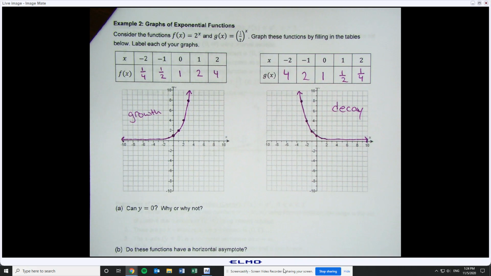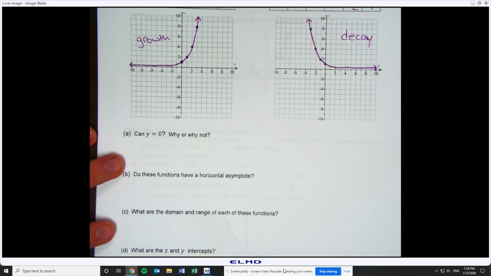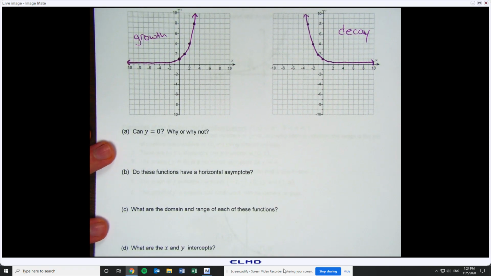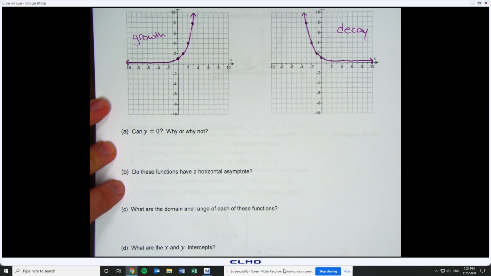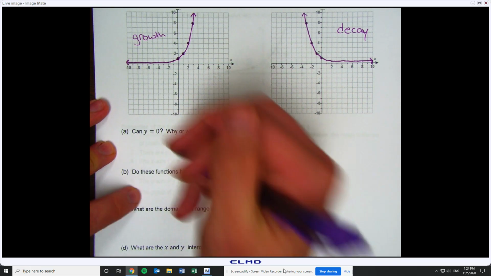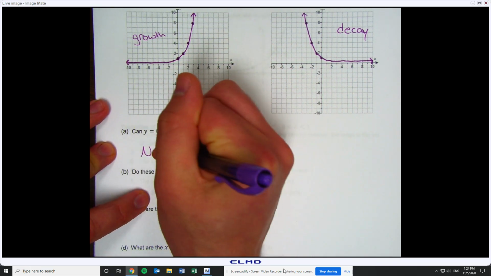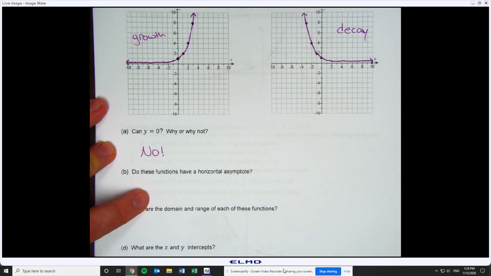All right, so now we know what these graphs look like. We're constantly multiplying by a number, and it's either going to go up or it will go down. Now, answering some properties based on this, can y ever equal 0? Based on what I said a few minutes ago, the answer is no, it never will.